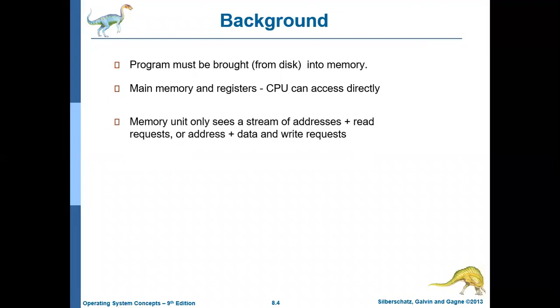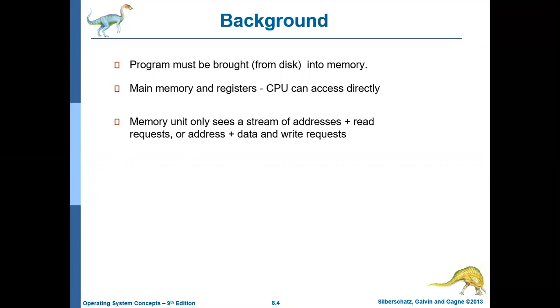And memory unit can only see the stream of address or read request, address data and write request. Only these things memory unit can see. This memory unit basically doesn't know how these addresses were generated, who is generating, all these it doesn't know. It only knows which address to be referred, whether it should be read or it should be written.